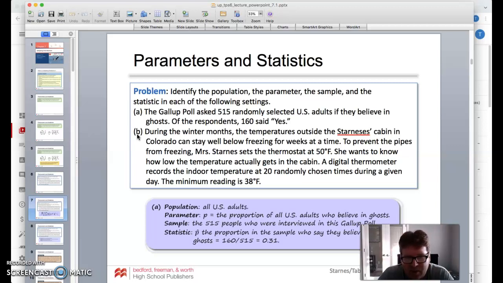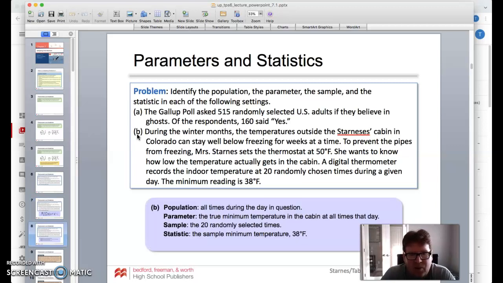The sample is the 515 people who were interviewed, and p hat is the proportion. 160 of the 515 asked, so that's 0.31, and that's from the sample. That's why it's got a p hat.